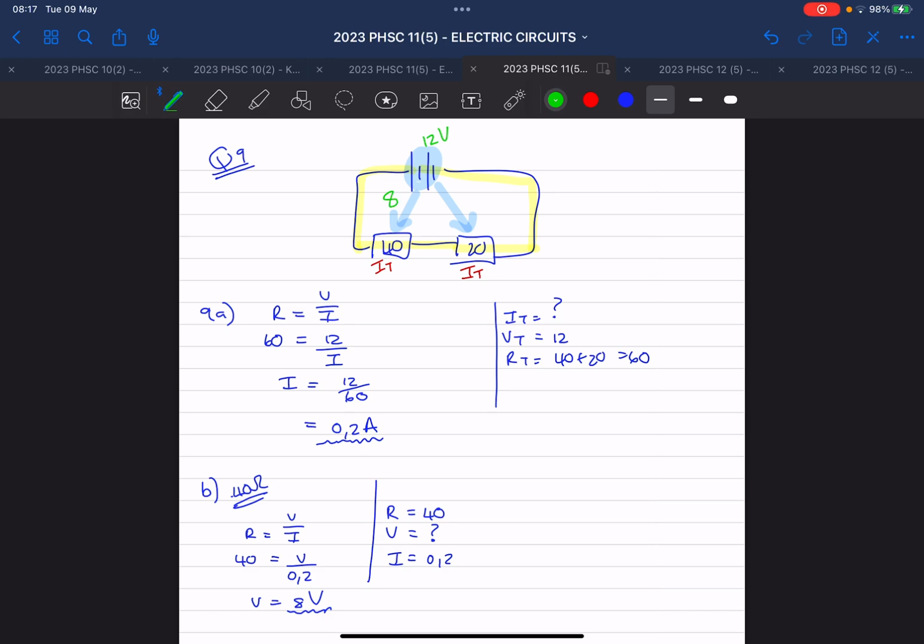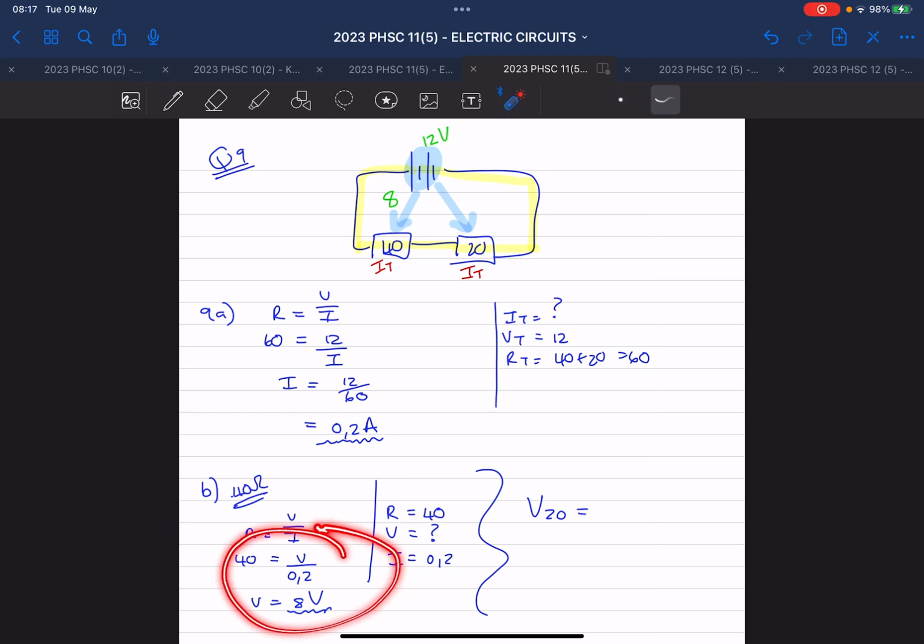Without doing any big calculation, tell us what is the volts through the 20 ohm resistor? I would say it's 4. Why would you say that? I don't want you to do a calculation like that.